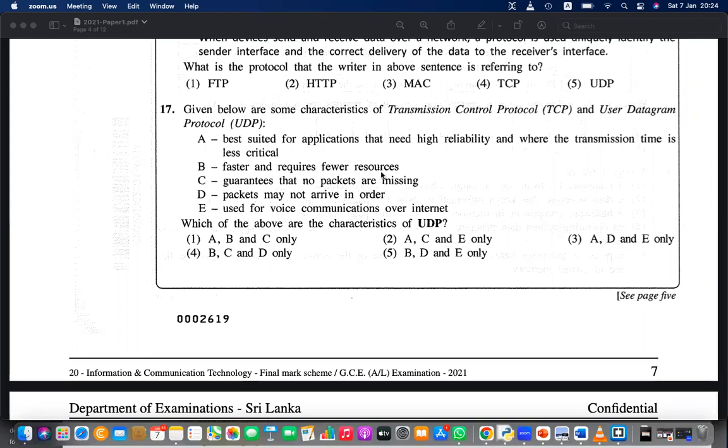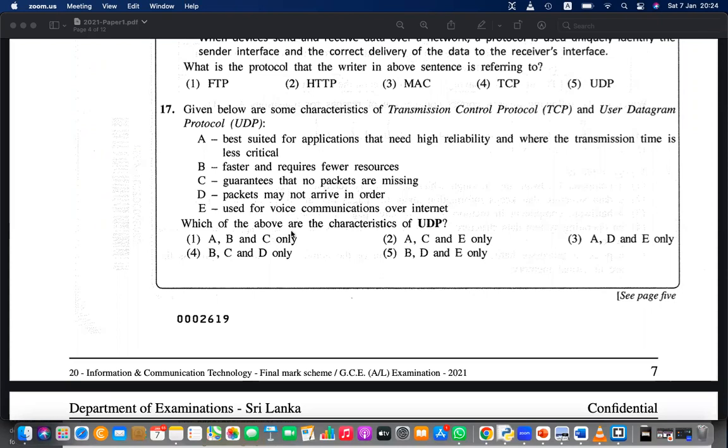Faster and requiring fewer resources, that is UDP, connectionless. Guarantee that no packets are missing, that is connection oriented TCP. Secure and relatively slow, connection oriented, sends packets in an order. Packets may not arrive in an order, that is UDP, packets go here and there. Used for voice communication over network, VoIP. Voice communication is okay to lag, okay to drop some packets, so UDP can be used.